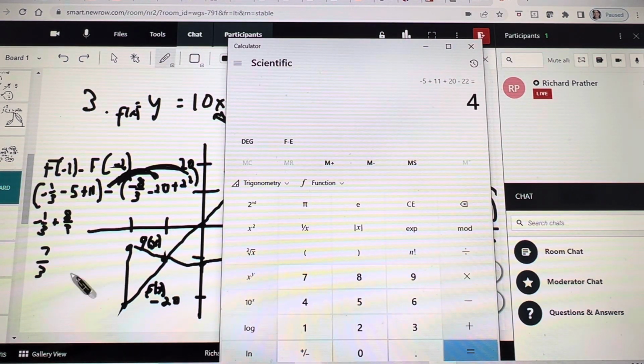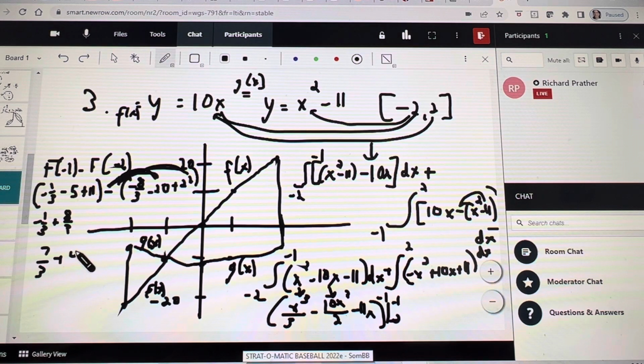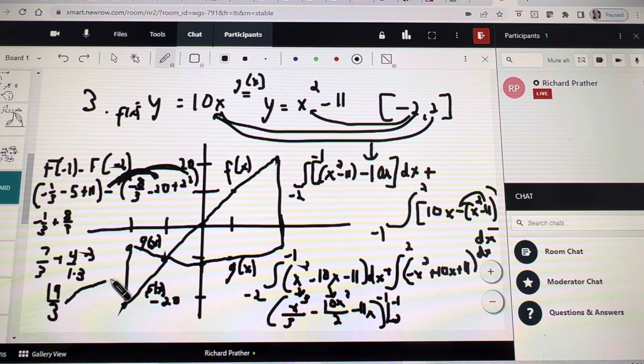So the integers add up to 4. And then you got to put that over 1 times 3 over 3. 7 over 3 plus 12 over 3 is 19 over 3. This portion is 19 over 3. The amount of area in this little triangular, it's not exactly a triangle, but triangular looking thing, that would have an area of 19 over 3.